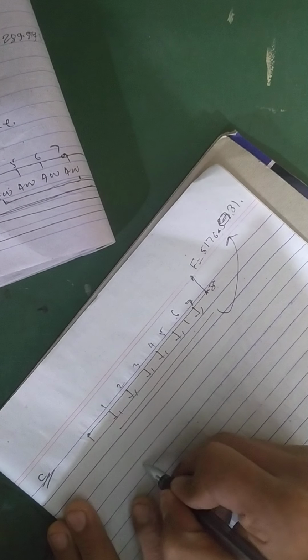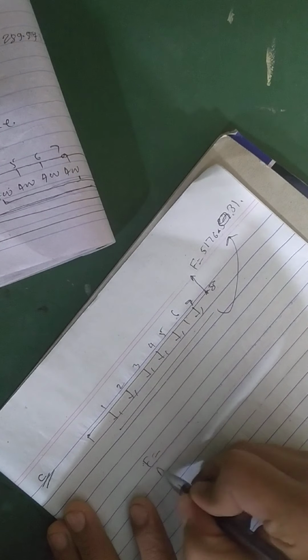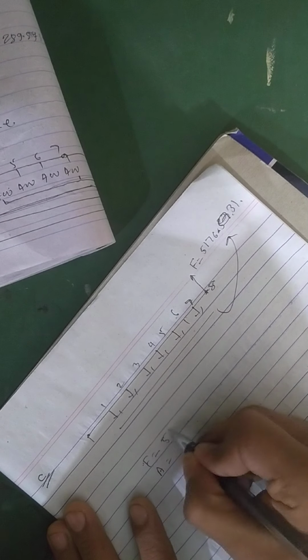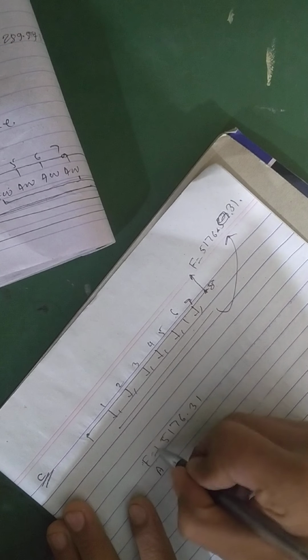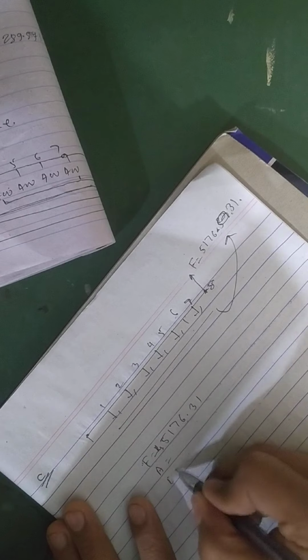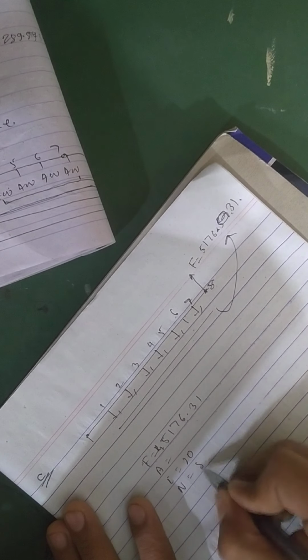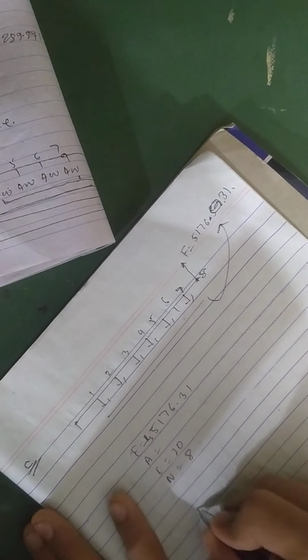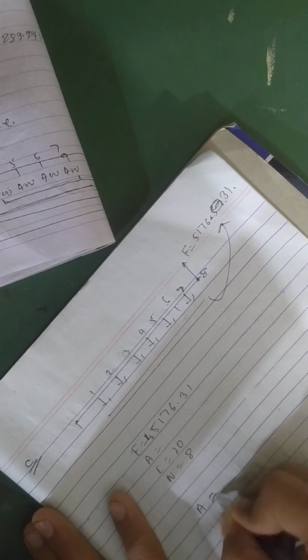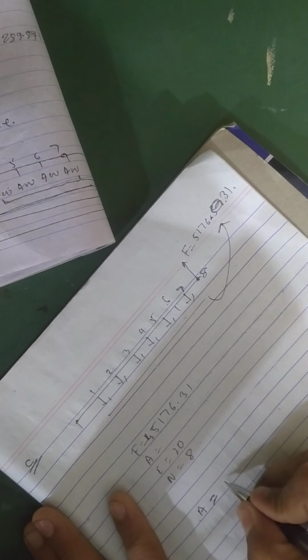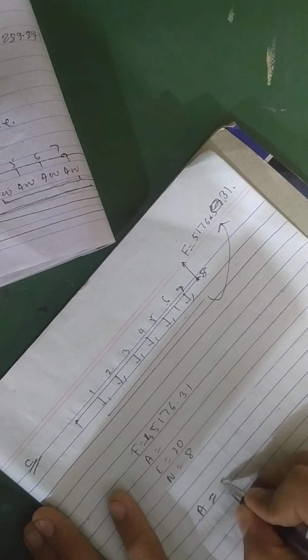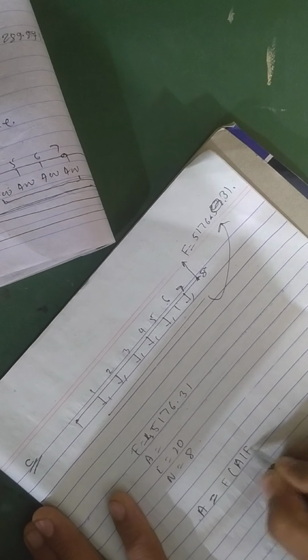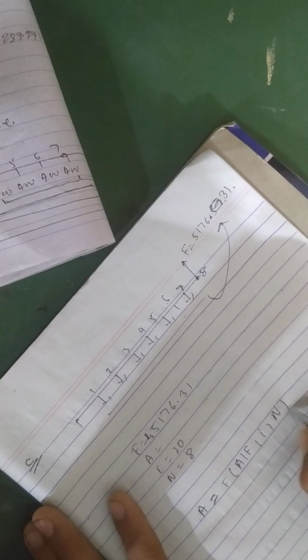Now we have been given the future value and we have to find the annuity. Future value 5176.31 rupees. Okay, i is 20%, n is equal to 8. So now we have to find out the annuity given F, with i 20% and n equal to 8.